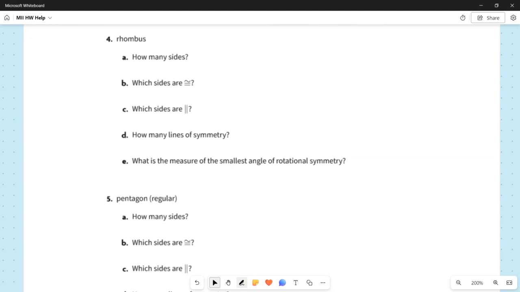Question 4. Question 4 is asking us to describe a rhombus. So a rhombus looks something like this.